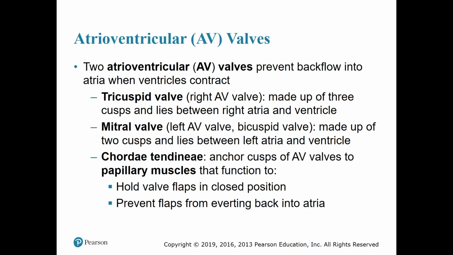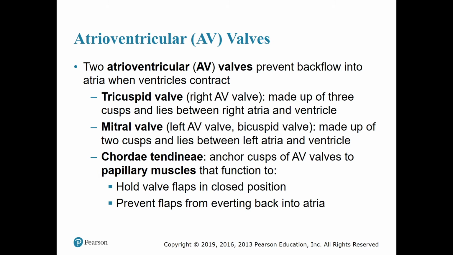The two atrioventricular valves prevent the backflow into the atria when the ventricles contract. The tricuspid valve, the right atrioventricular valve, is made up of three cusps and lies between the right atrium and ventricle.